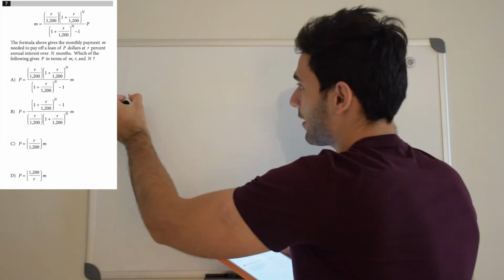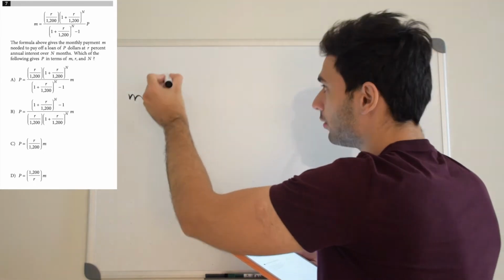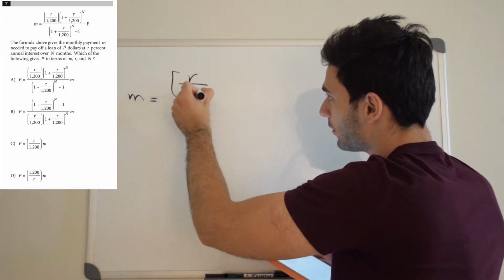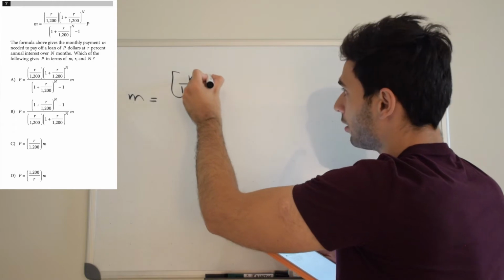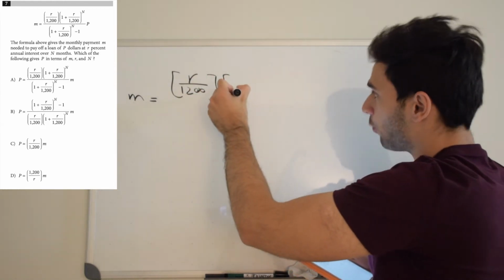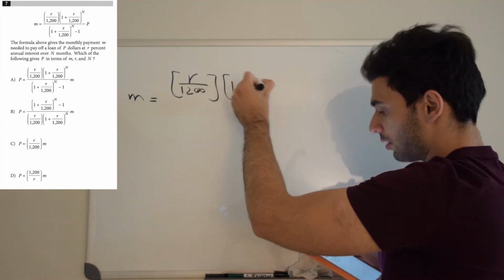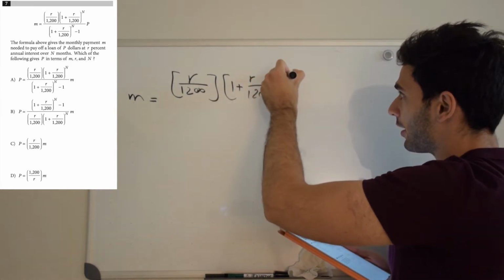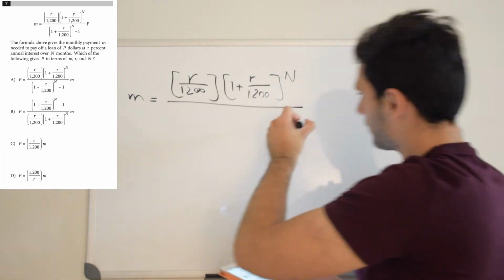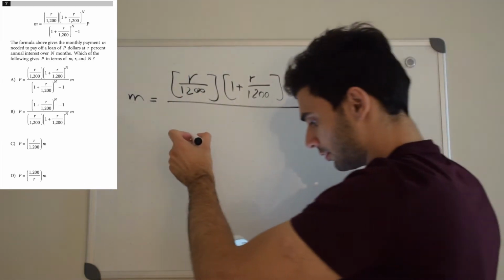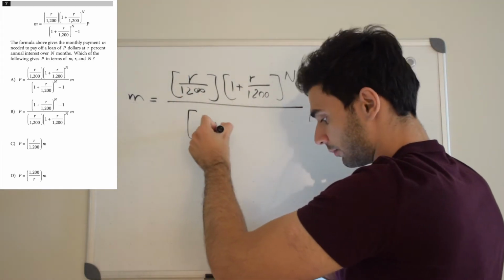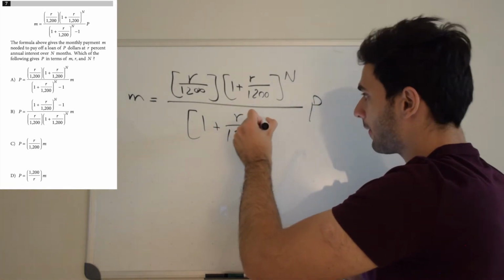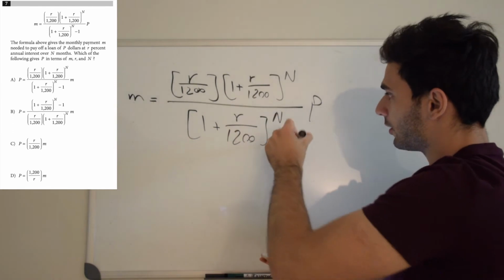Alright, so we have M equal to R over 1,200, and then we have 1 plus R over 1,200 to the power N. Then we have P here. Then we have 1 plus R over 1,200 to the power N, minus 1.